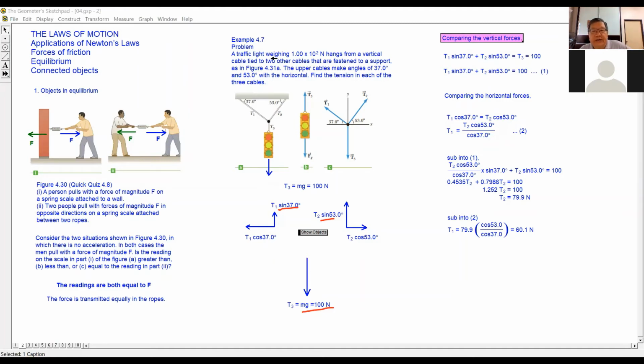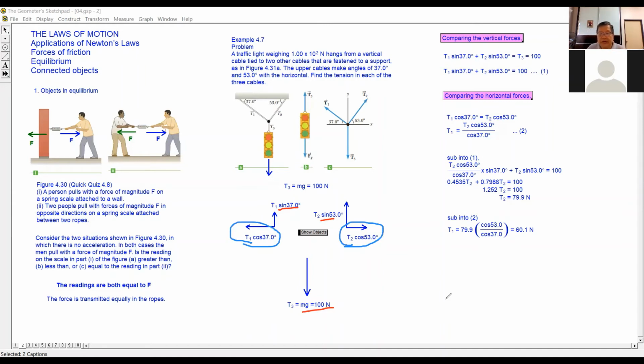Now I look at the horizontal components. They are T2 cos 53 and T1 cos 37.